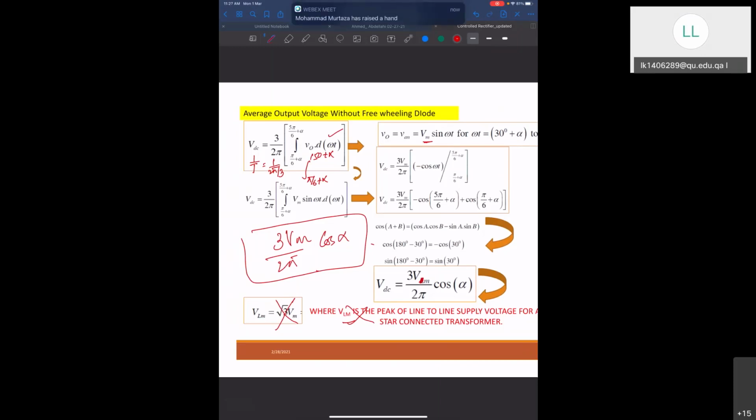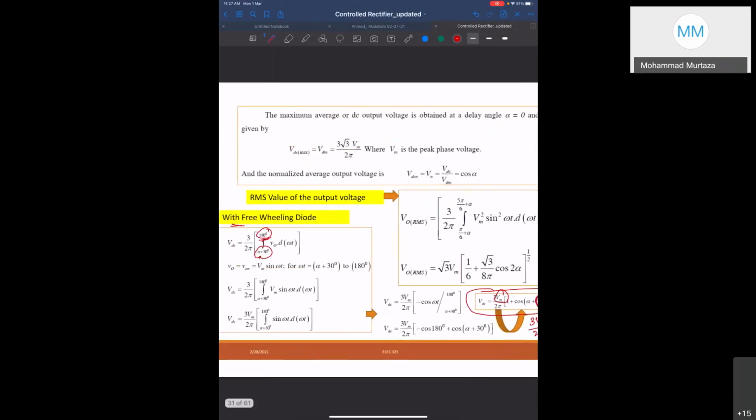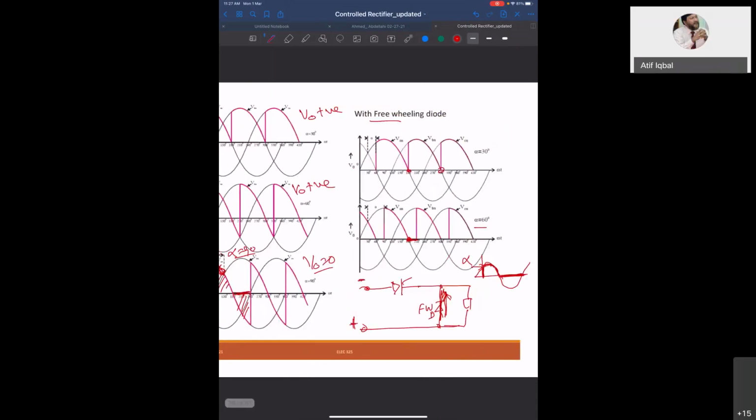Yes. Doctor, can you kindly go to the next slide? Here, can you kindly clarify from the graph why 180? Yeah, because of the limit. You see here, if you have a freewheeling diode, then as soon as it reaches this point, you will not be able to go beyond this point.